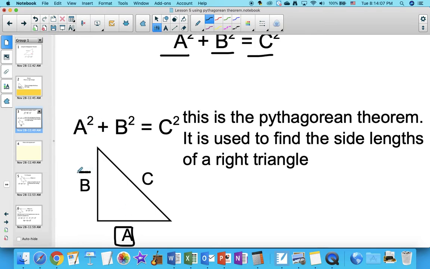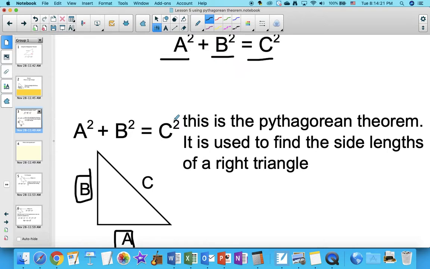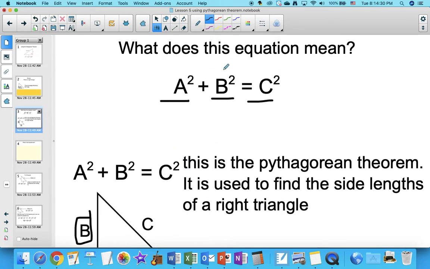We take the length of side B and we square that. If this is in fact a right triangle, a squared plus b squared should equal whatever the side length of c is squared. So if you square every side, a and b should add up to the longest side squared. That's what the Pythagorean theorem states.